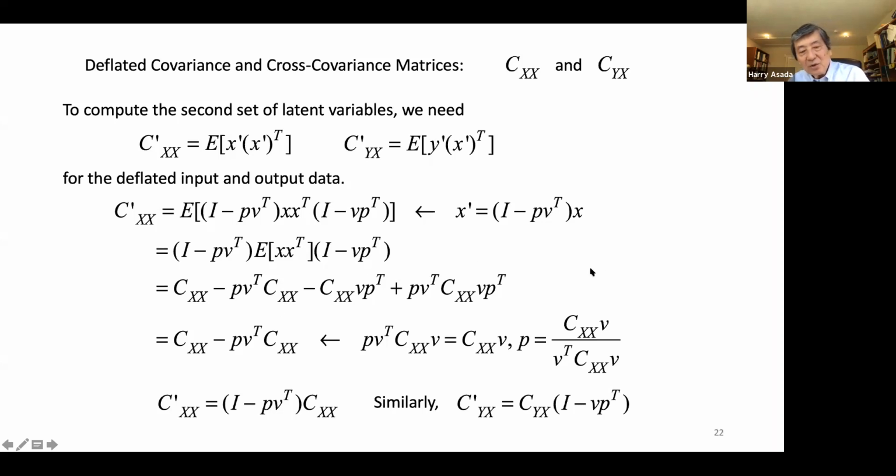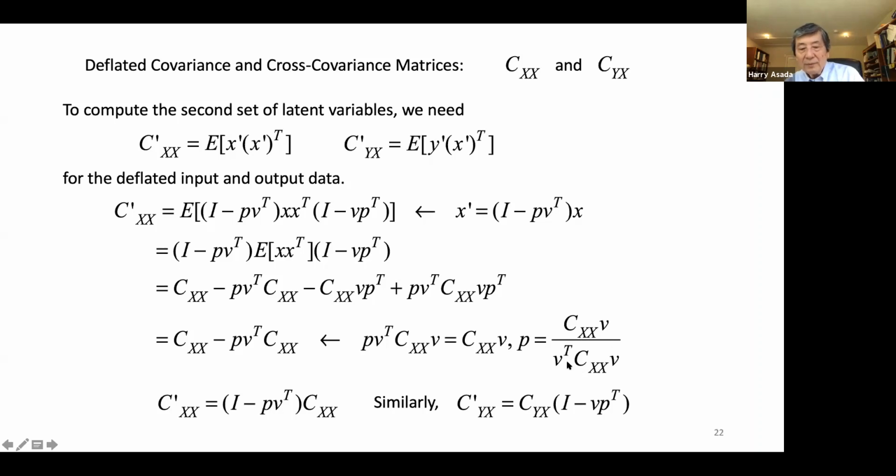Expanding this, we get four terms. However, look at the last term. If you see from here to here, you can use this definition of the loading vector: P is CXX V over this quadratic form, right?